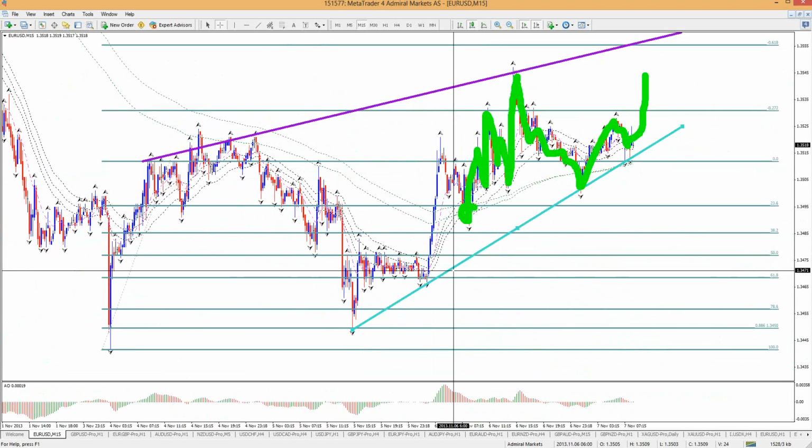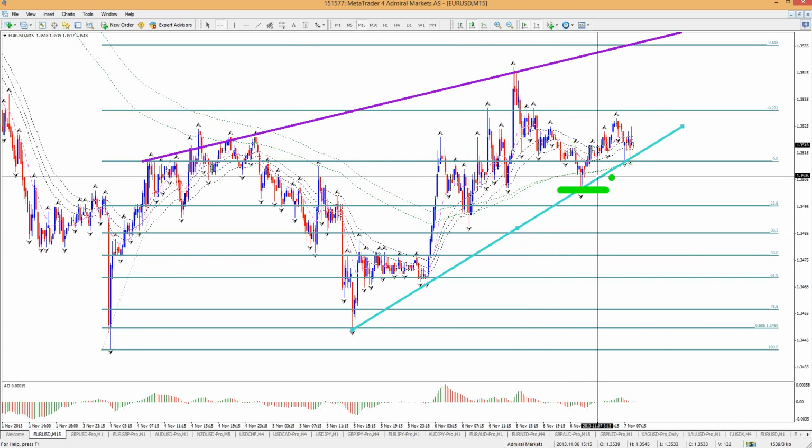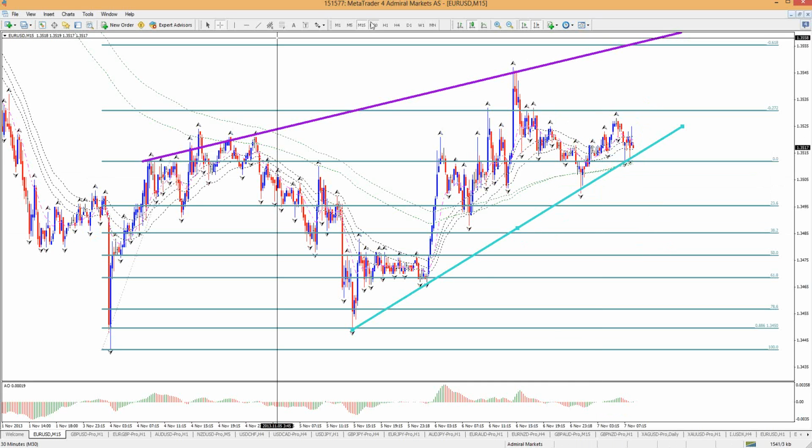So there could be some reason to maybe continue that correction higher. I wouldn't want to trade it, but just looking at the chart, price is still above these moving averages, right? So if it were to break below these, then usually speaking, that would be a breakout, I would say.